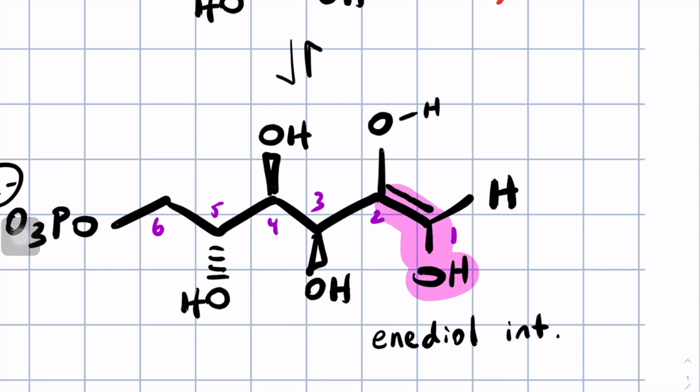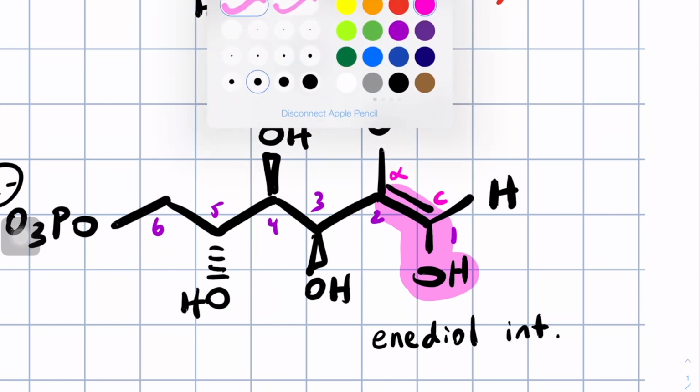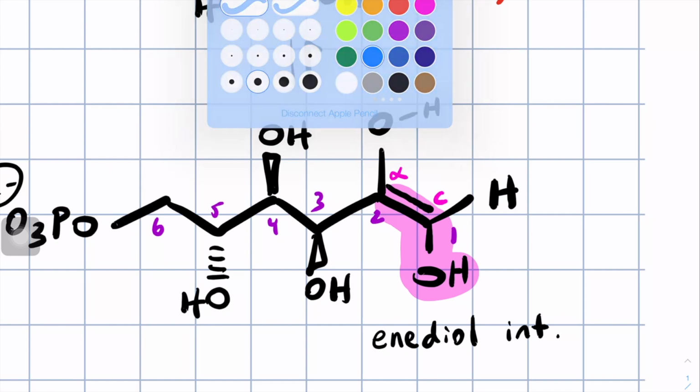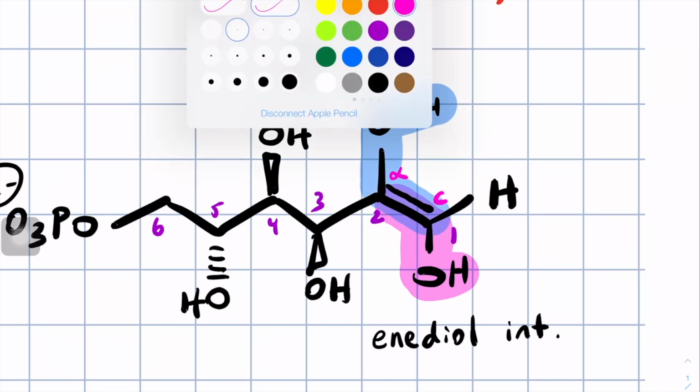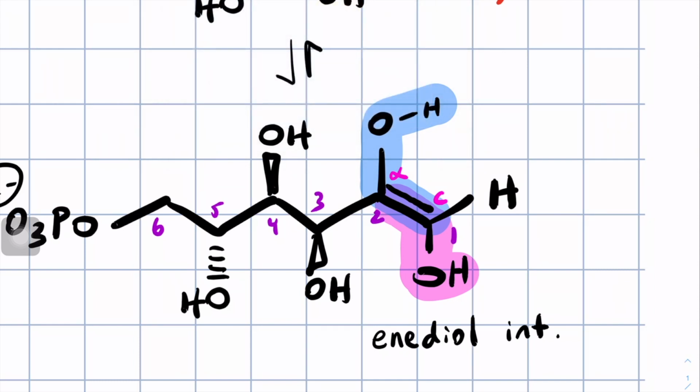So the pink enol has carbonyl carbon here and alpha carbon there on carbon 2. In contrast, the blue enol has carbonyl carbon at 2 and alpha carbon at 1.